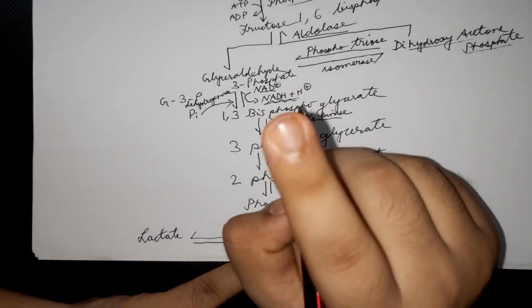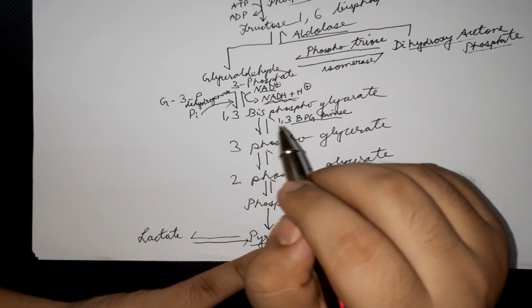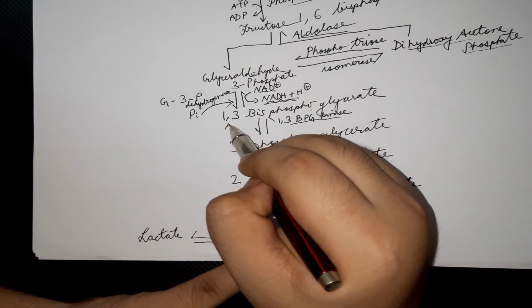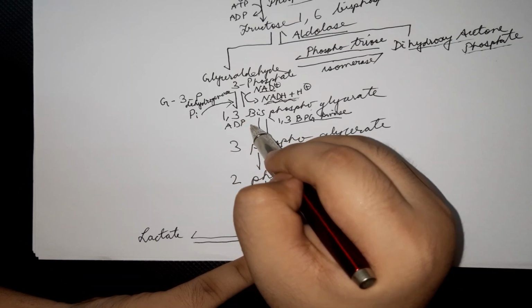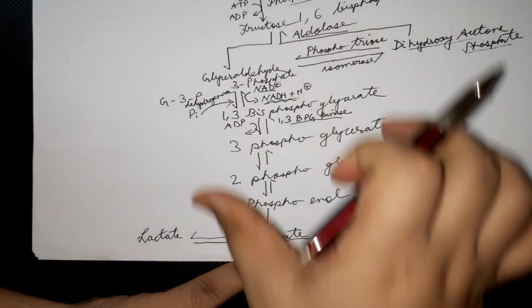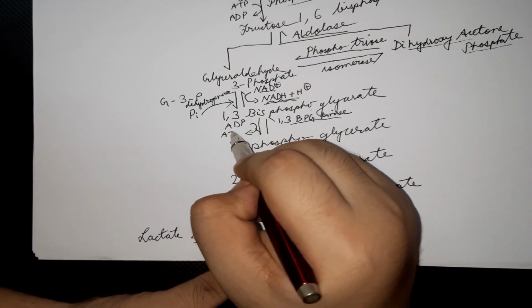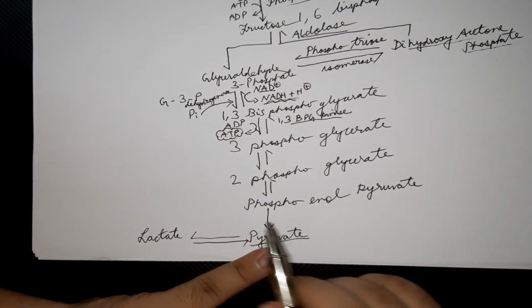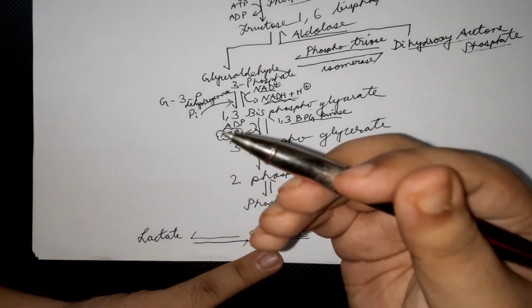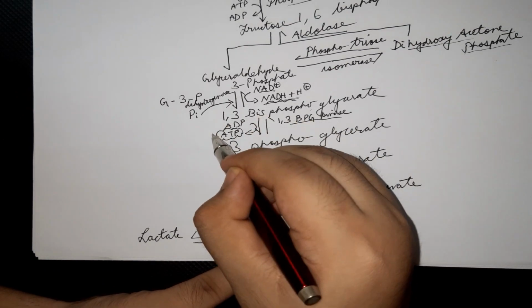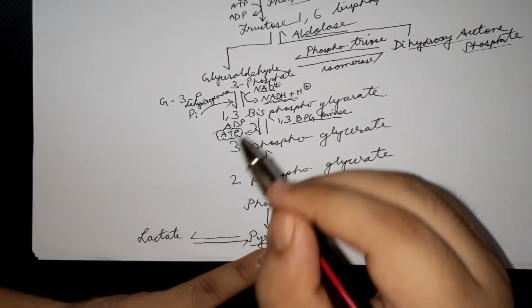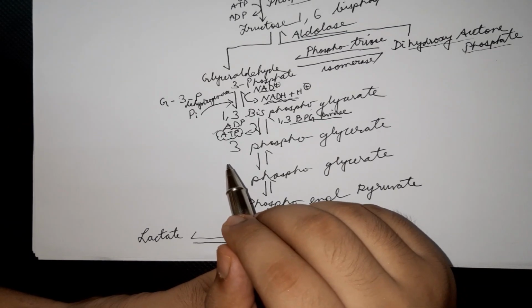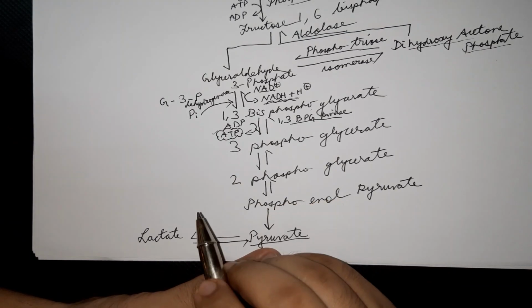And this step will be the first step in the glycolysis pathway where an ATP will be formed. Rather than an ATP being consumed, a molecule of ATP will be formed from this step. So it's very, very important. And guess what?